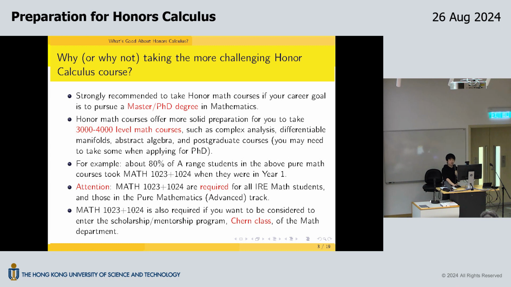For example, about 80% of the A-range students in these more advanced pure math courses took the honor stream calculus when they were in year 1. In other words, if you really want to achieve a good grade later on when you study math, then it is highly recommended to take the honor version of calculus.